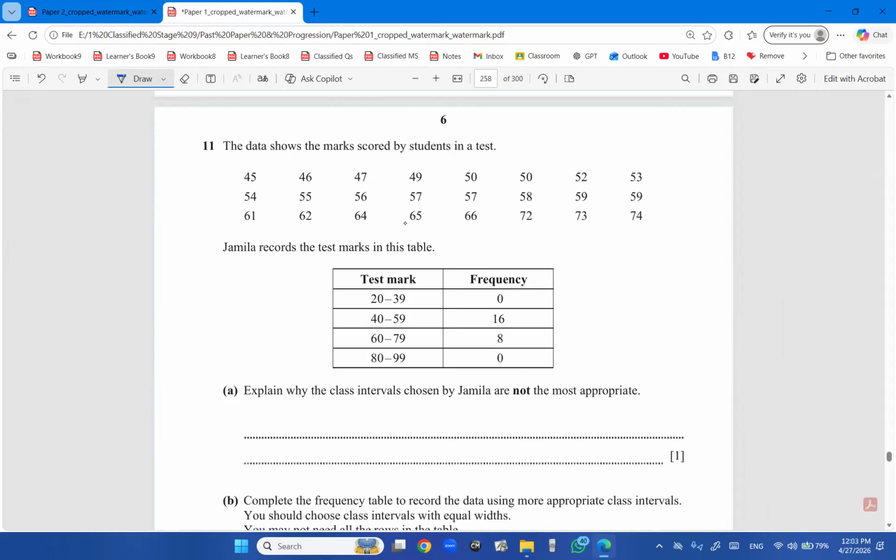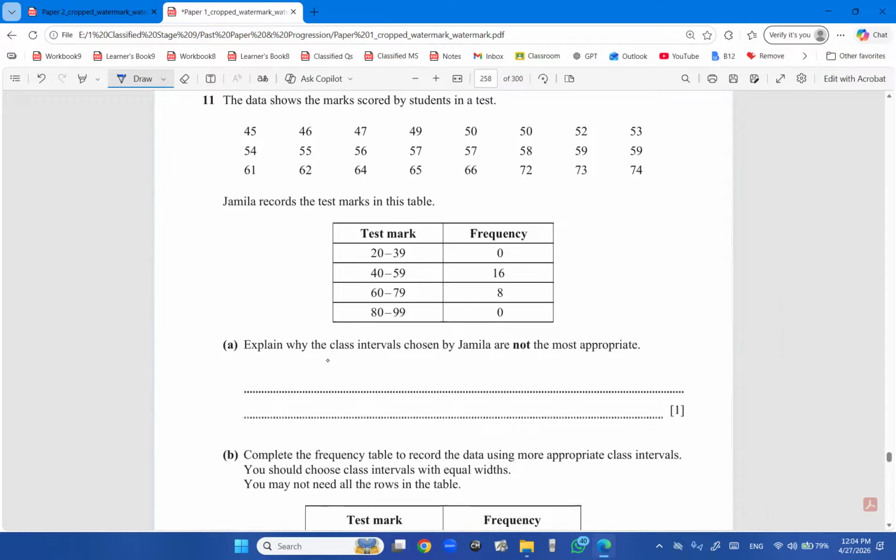The data shows the marks scored by students in a test, and they're requesting that you explain why the class intervals chosen by Jamila are not the most appropriate. You can just say that the two intervals 20 to 39 and 80 to 99 are not needed there.